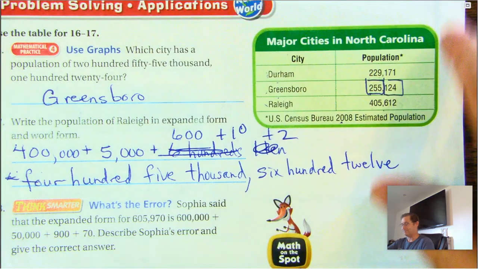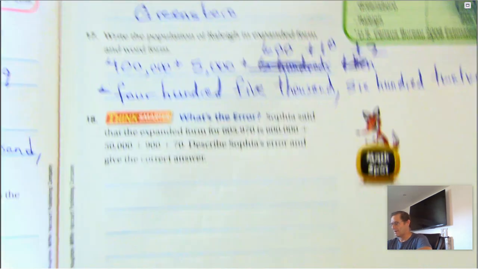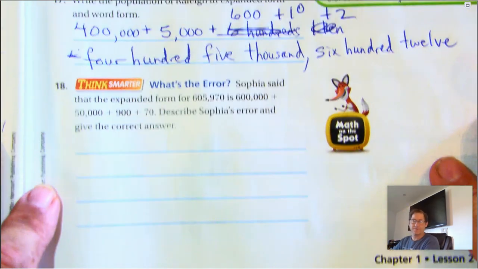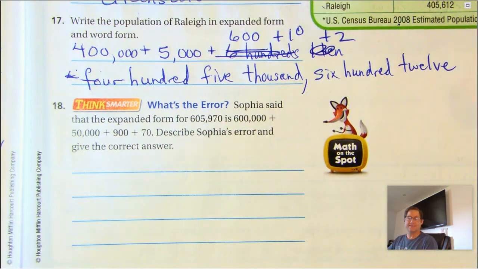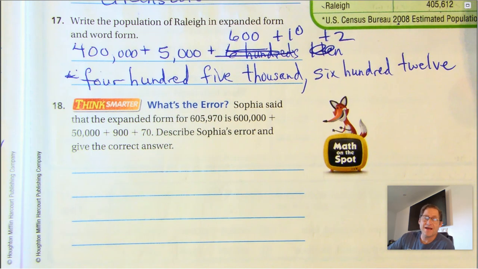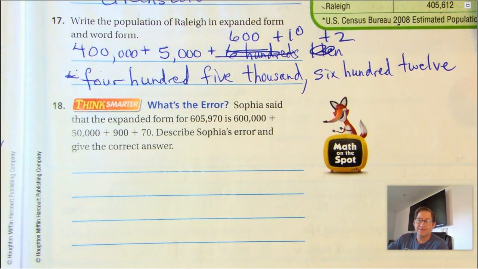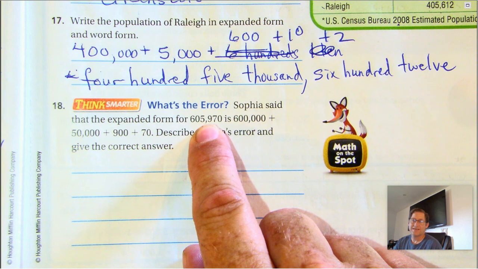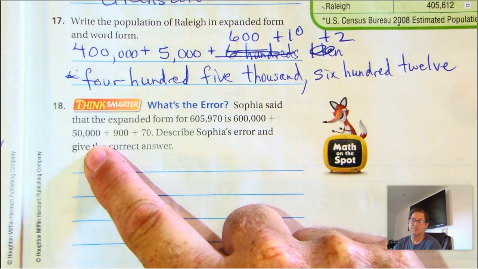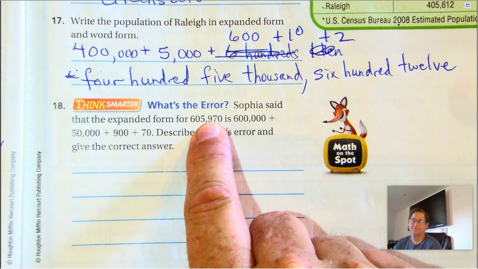Okay, number 18. What's the error? So you need to think critically on these. Okay. So in expanded form, Sophia said that the expanded form for 605,970 is 600,000 plus 50,000 plus 900 plus 70. Well, is this digit here, this 5, do you say 50,000 or is that 5,000?